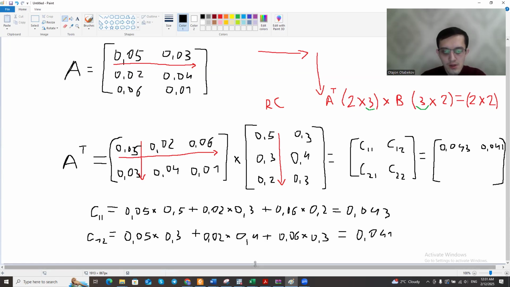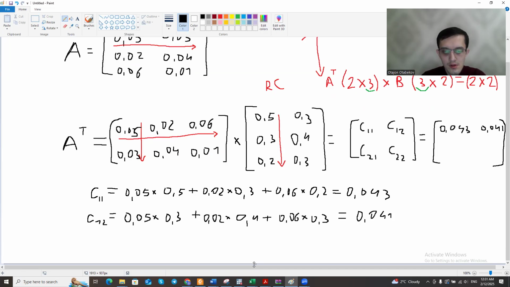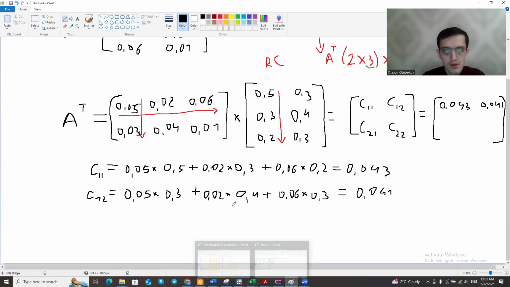Now we can continue with the remaining two. It is C2 1 element, which should be equal to. Now it's a little bit different.